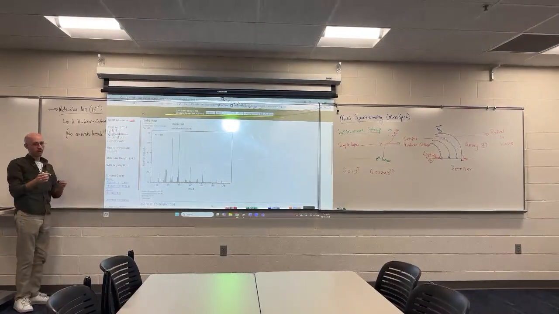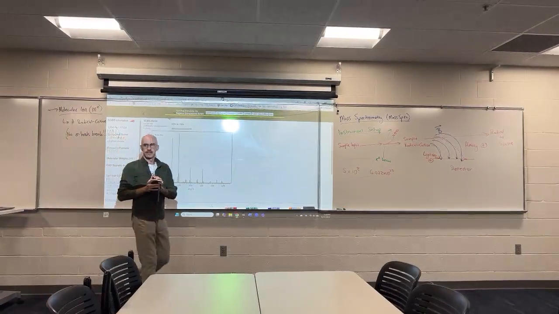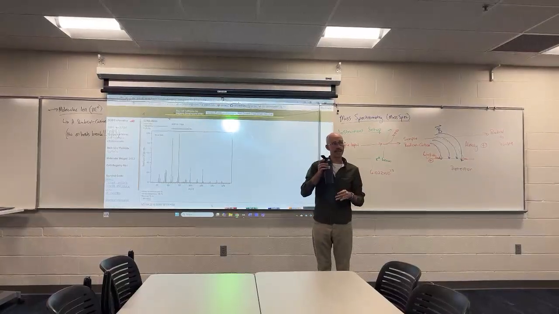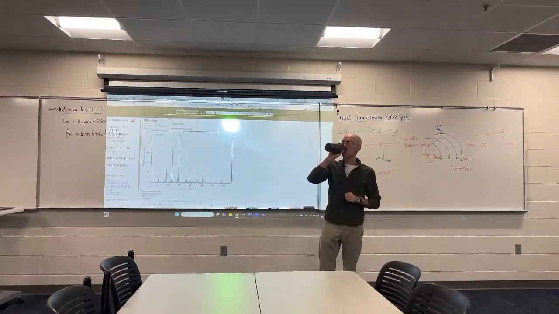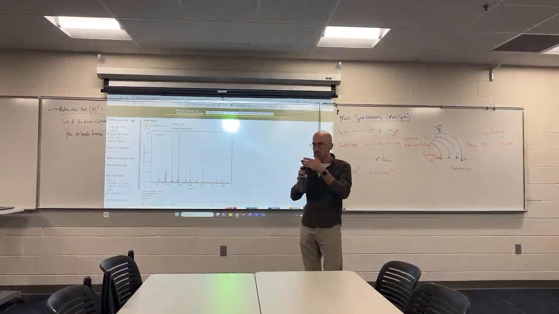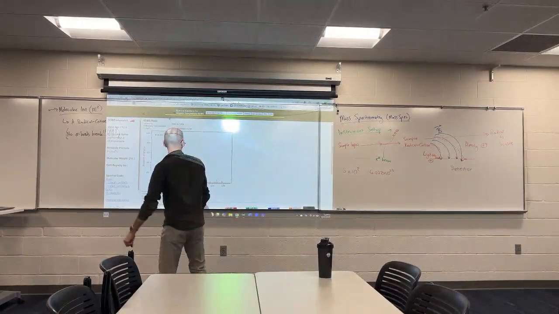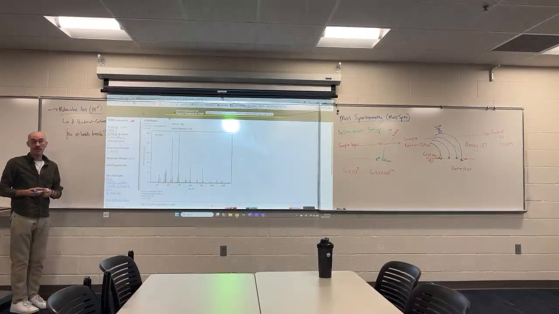It's a little bit important. So when that cation hits the detector, how much mass does it have? The mass of the molecule.